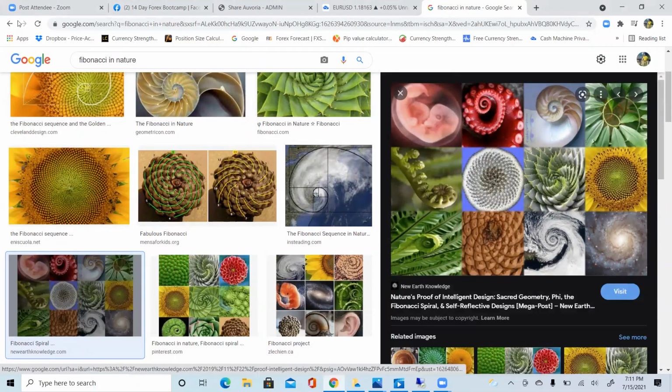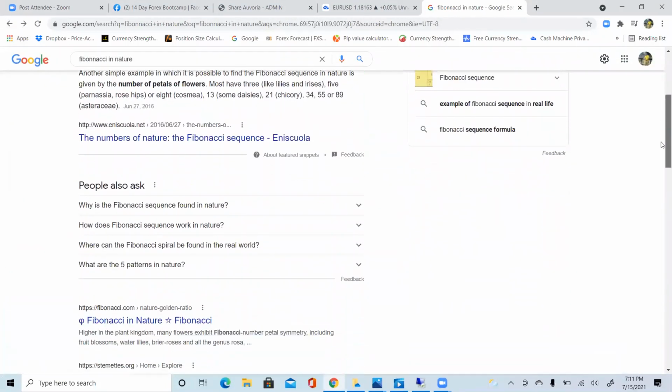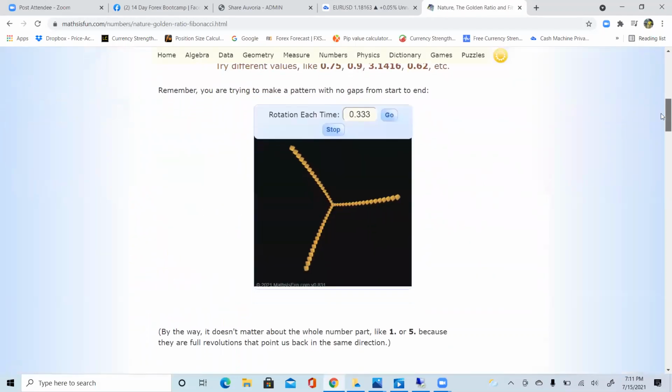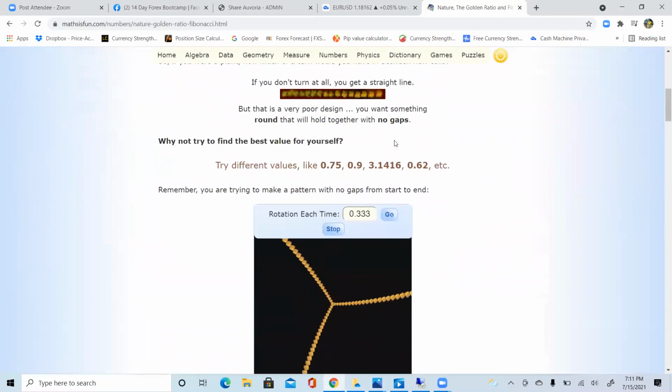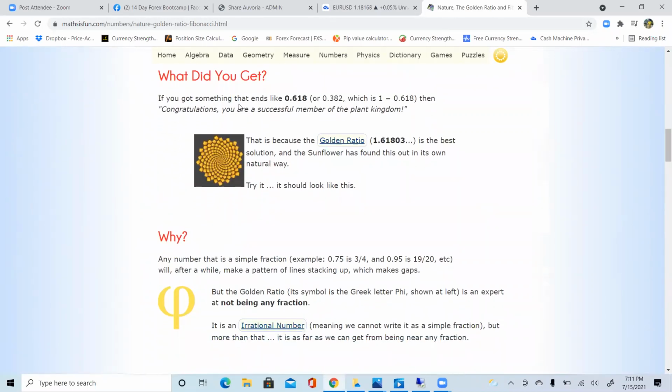Let me go back and show you what the Fibonacci actually is. So you see there's different number values. And the main one being the golden ratio, which is 61.8, or the reverse, 38.2. Those look familiar because when you use a Fibonacci tool, those are the two main ones that are on any Fibonacci tool.